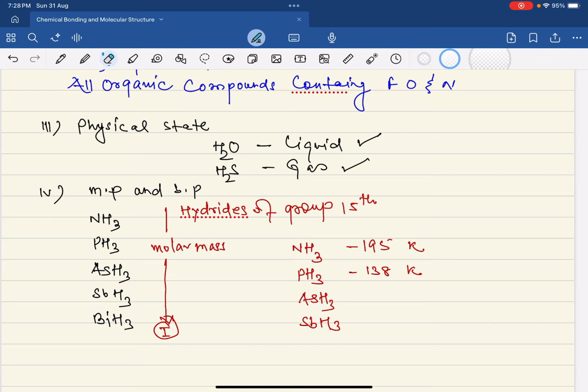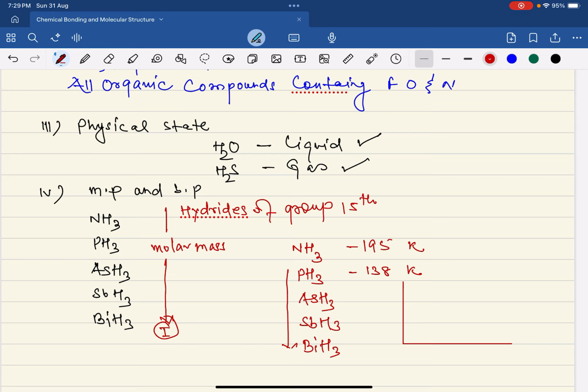and bismuthine, molar mass increases from phosphine to bismuthine, so melting point increases. So, on the basis of graphical representation, we are able to explain the melting point of hydrides of 15th group.